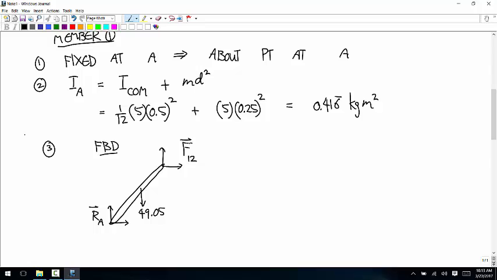On member 1, that's a positive couple, with a value of, what did I change it to, 20? Any questions about the free body diagram?